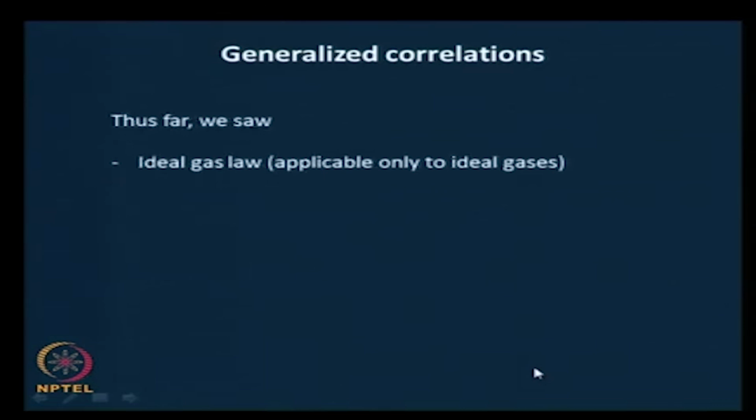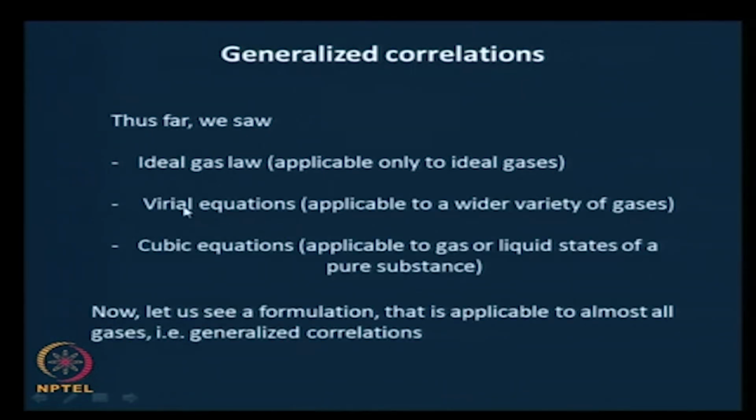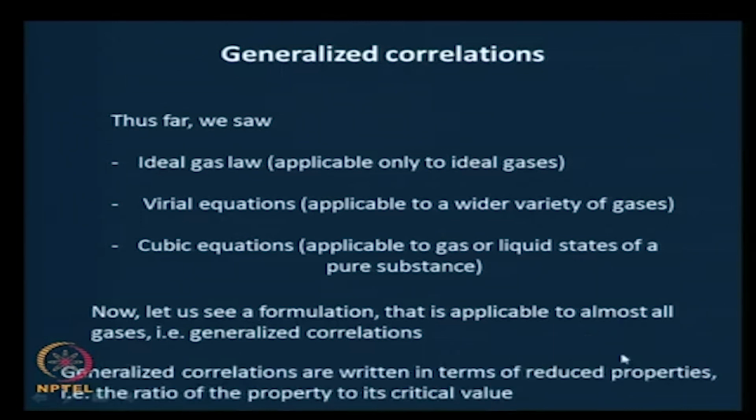The generalized correlations come about something like this. We have the ideal gas law, we have virial equations applicable to a wider variety of gases typically, and cubic equations applicable to gas or liquid states of a pure substance with more ease. You could apply the virial equations too, but this is with more ease. And now the generalized correlations are applicable to all gases in general, and they are given in terms of reduced properties, which are nothing but the ratio of the actual property to its critical value.